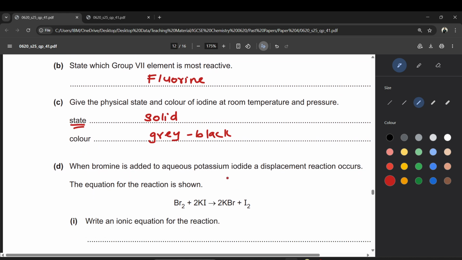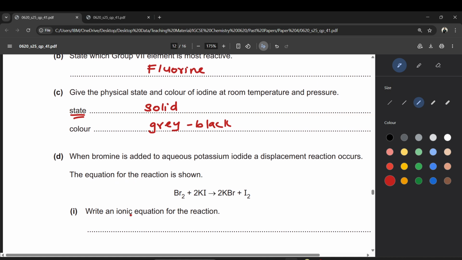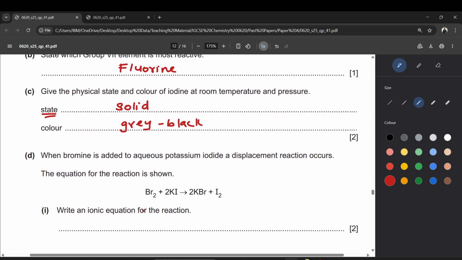When bromine is added to aqueous potassium iodide, a displacement reaction occurs. The equation for the reaction is shown. Write an ionic equation for the reaction. The ionic equation takes place when you have these aqueous ions. Bromine is going to be liquid, and the iodine solution produced is also going to be liquid.